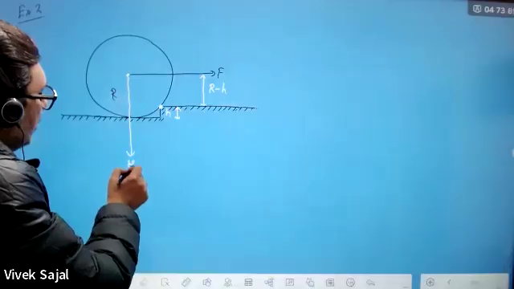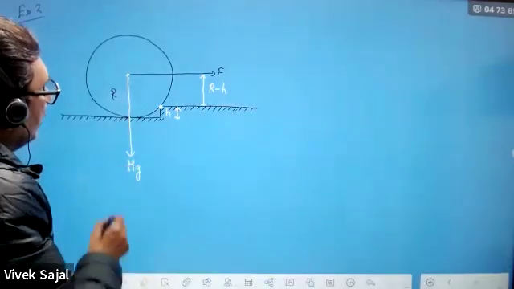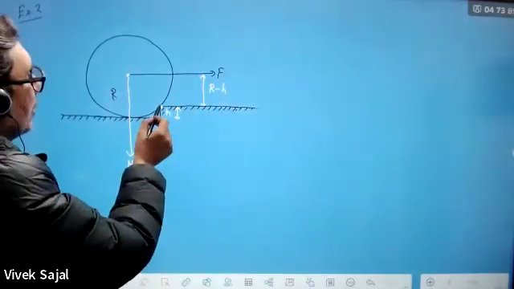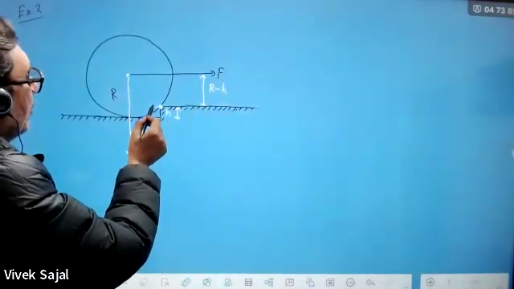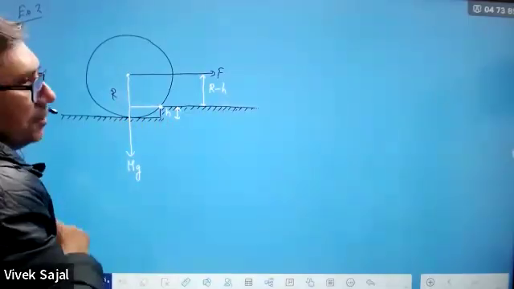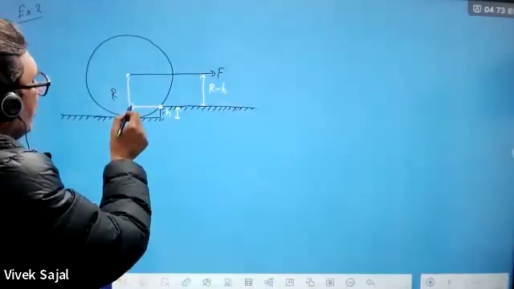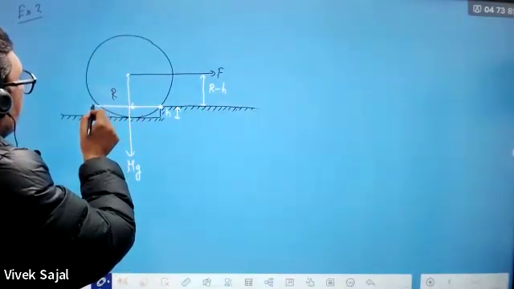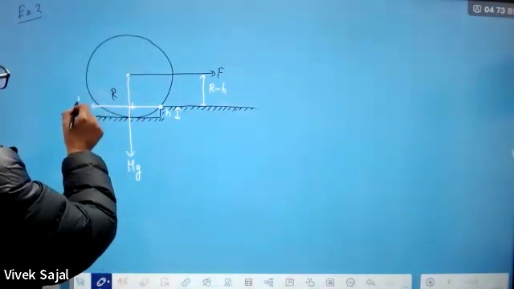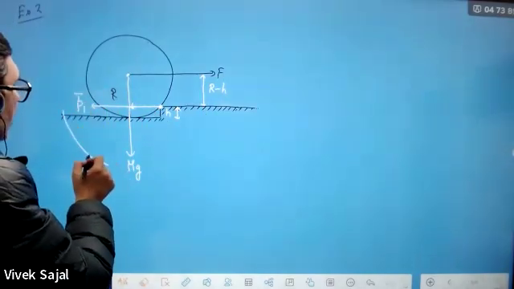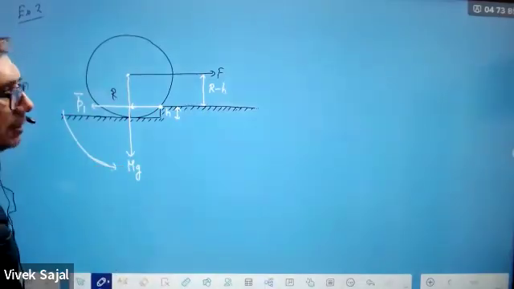Second is this force F. This is the point of rotation, so I will draw a perpendicular from here to here. This is P1. I draw it further because this gives me the direction of rotation. So it will try to rotate this sphere in this direction.